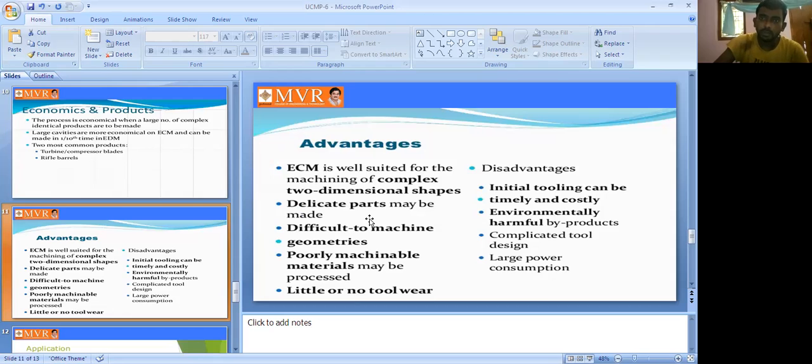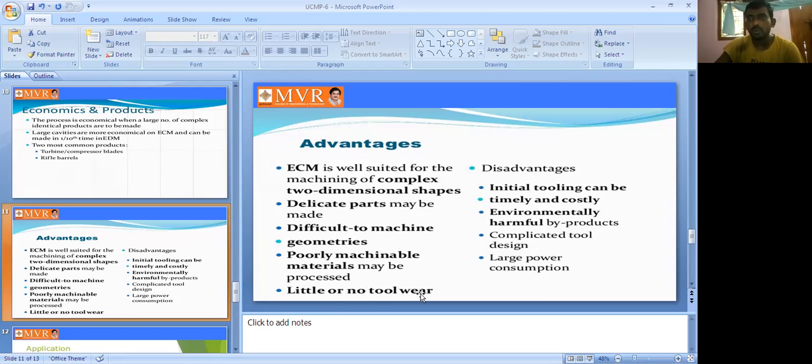Those parts we can manufacture in ECM. Difficult-to-machine geometries and poorly machinable materials can be processed here. Little or no tool wear.